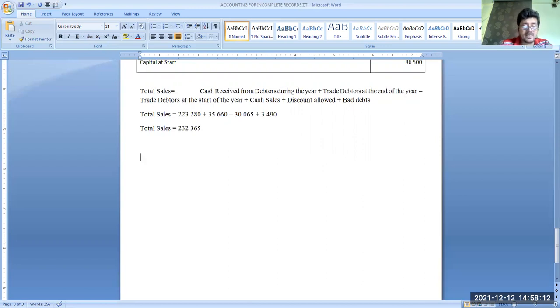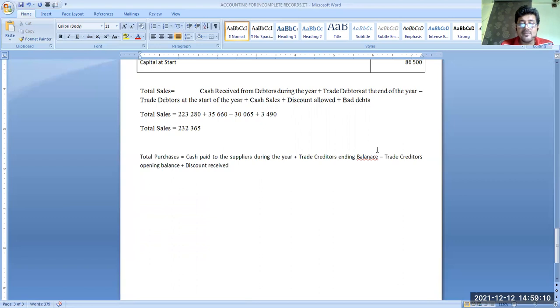Now come to total purchases. Total purchases is equal to cash paid to the suppliers during the year, plus trade payables or trade creditors ending balance, minus trade creditors opening balance, plus discount received.